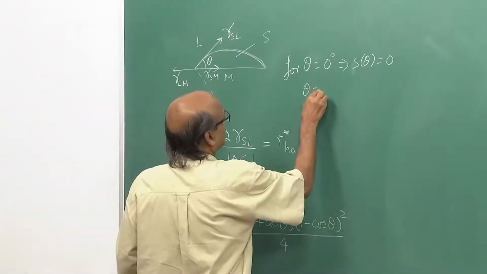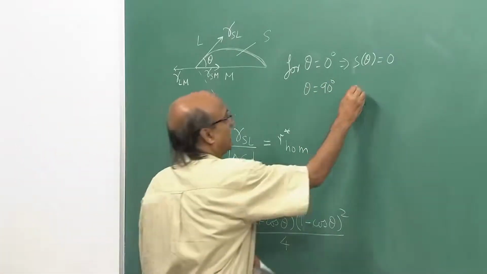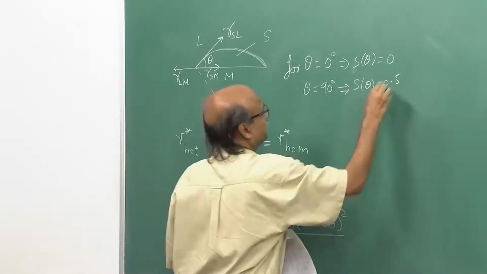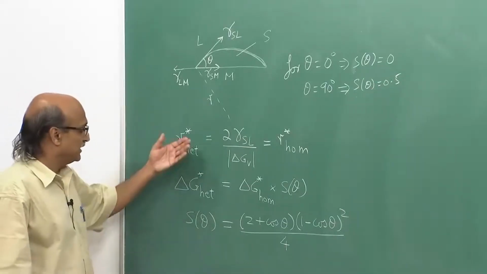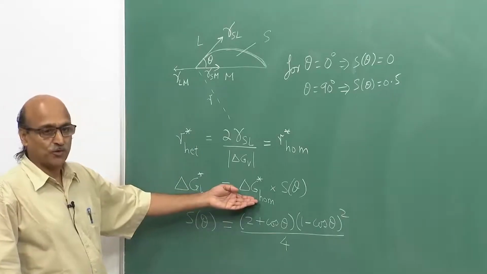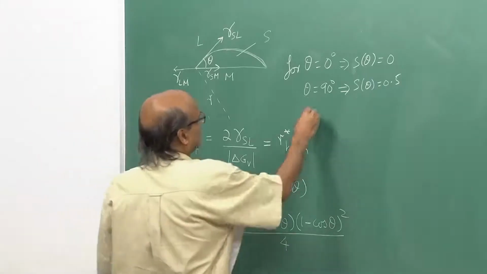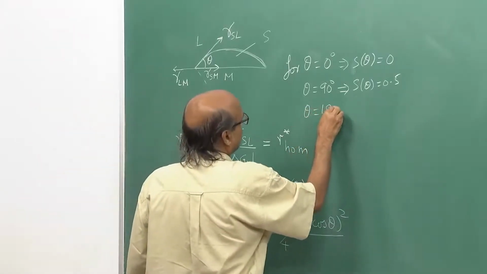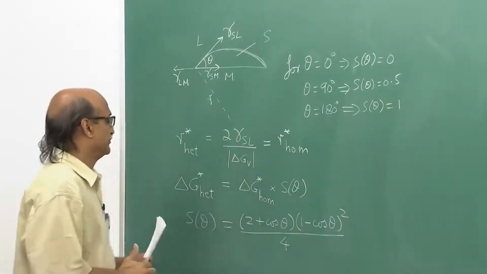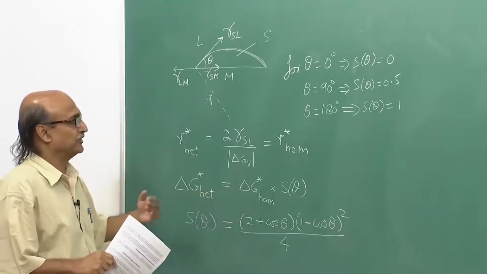For theta equal to 90 degrees, if I plug into this equation, I will get S theta to be equal to half. So, the energy barrier in this case is half the energy hill in the case of homogeneous nucleation. For theta equal to 180 degrees, S theta is equal to 1. Basically, we have reduced it down to the homogeneous case.